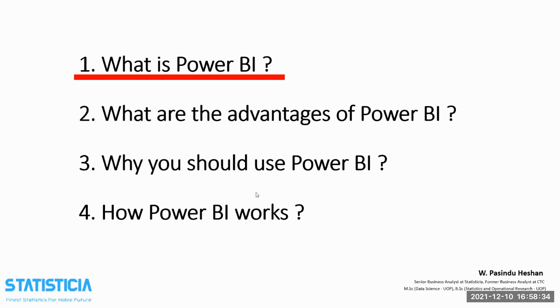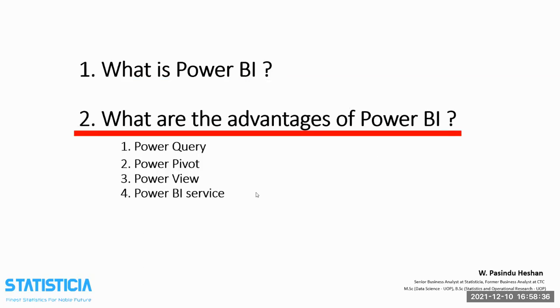Let's move to the next topic. What are the advantages of Power BI? Basically, Power BI is a collection of components. There are 4 main components: Power Query, Power Pivot, Power View, and Power BI Service. First we go through them one by one.